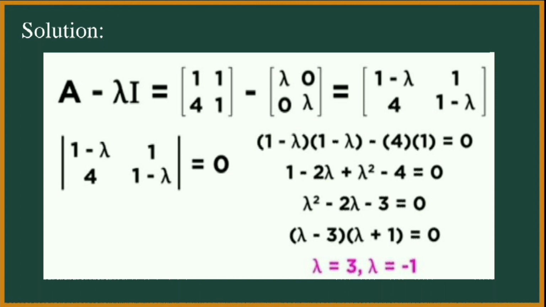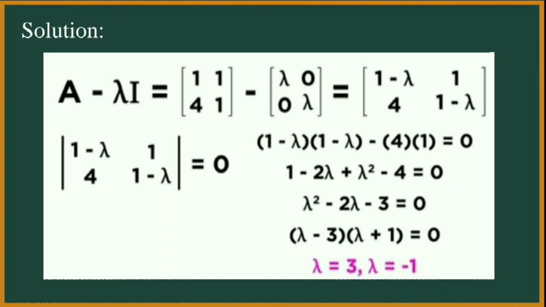And then we will write it as lambda squared minus 2 lambda minus 3 equals 0. And to find the value of lambda, we need to factor it. So we have lambda minus 3 times lambda plus 1 equals 0.